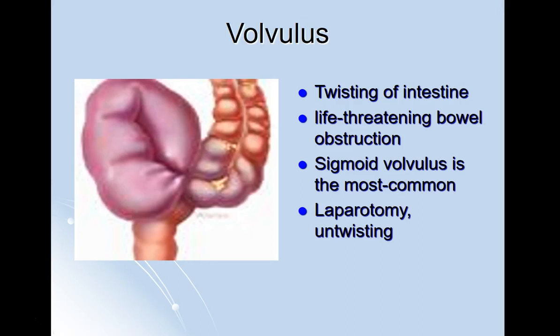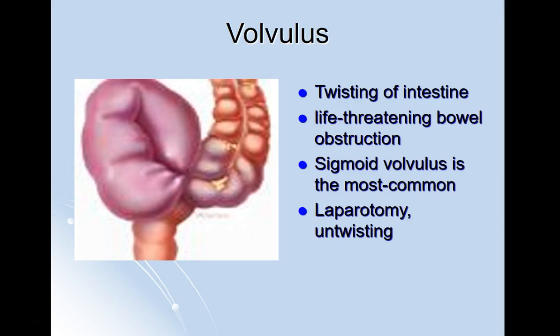Remember volvulus. So volvulus is a twisting of the intestine. And obviously this is really concerning because you're going to have a loss of blood flow, and the contents in the intestines can't pass. So a volvulus is more likely to occur in men, and it's most common in adults 20 to 50 years old, but it can occur in your geriatric patients as well.